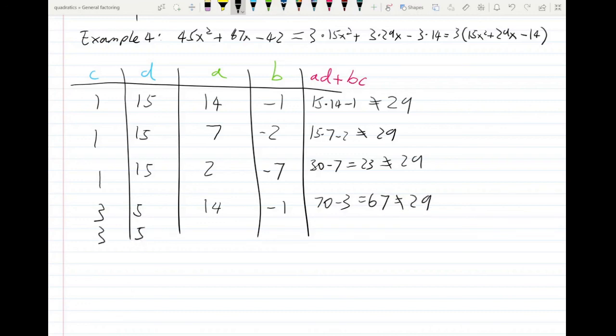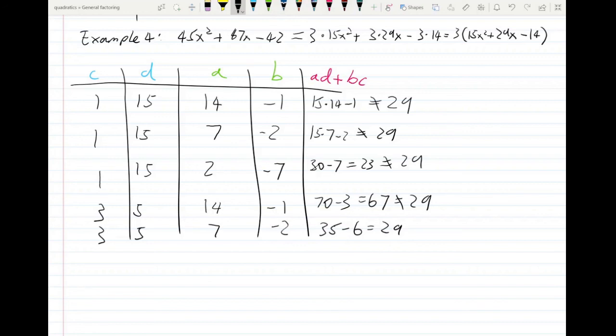If we try again with A as 7 and B is negative 2, we have AD is 35 and BC is negative 6, and that equals 29, as we want.